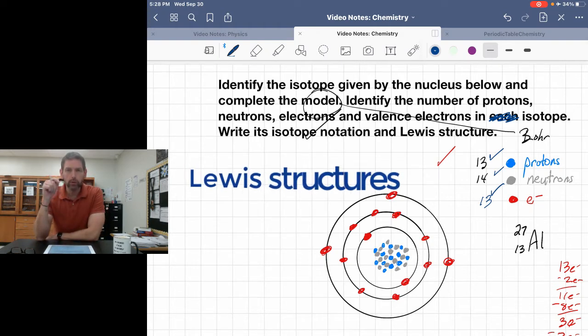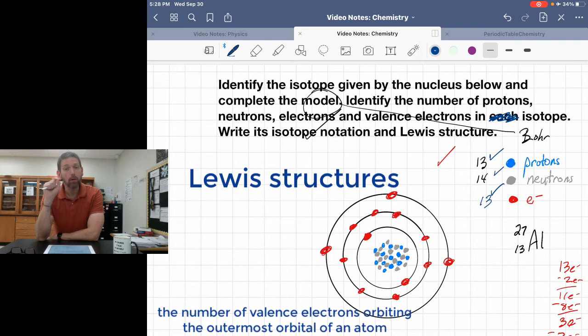So a Lewis structure, by definition, shows us the number of valence electrons. All right. Lewis structures tell us how many valence electrons the atom possesses at that time. So valence electrons, again, are the electrons on the outermost part.